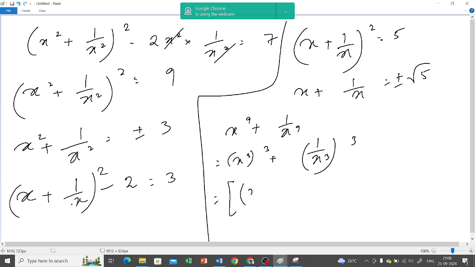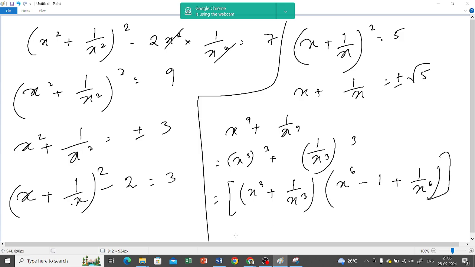A cube plus b cube is, right? A cube plus b cube is (a plus b) into (a square minus ab plus b square). Tell me, have you understood till here? This is the a cube plus b cube formula. I'm writing it over here. Did you understand? A cube plus b cube is (a plus b) into, within bracket, a square minus ab plus b square.